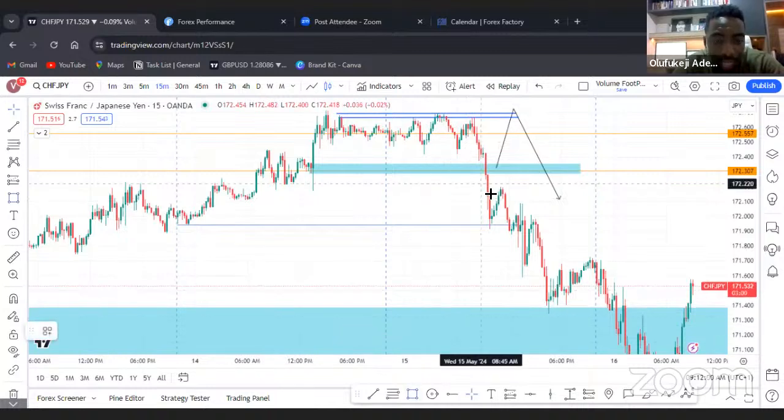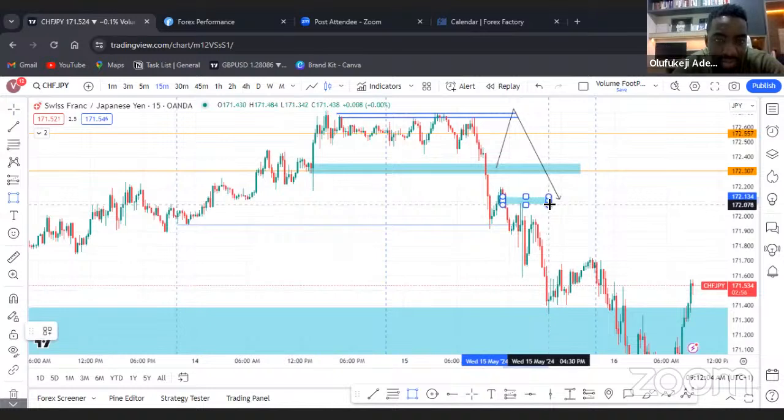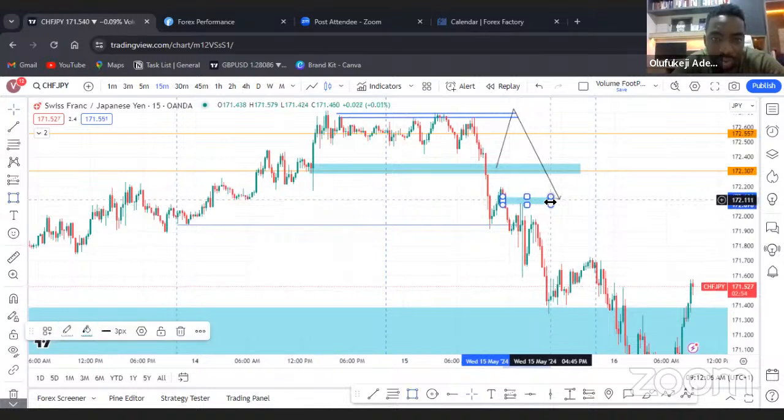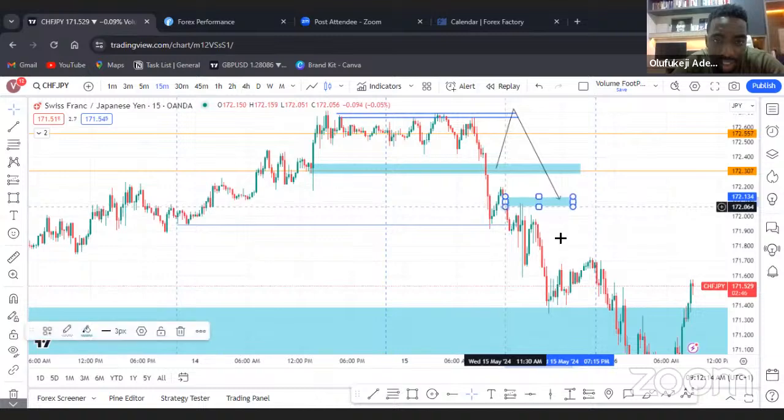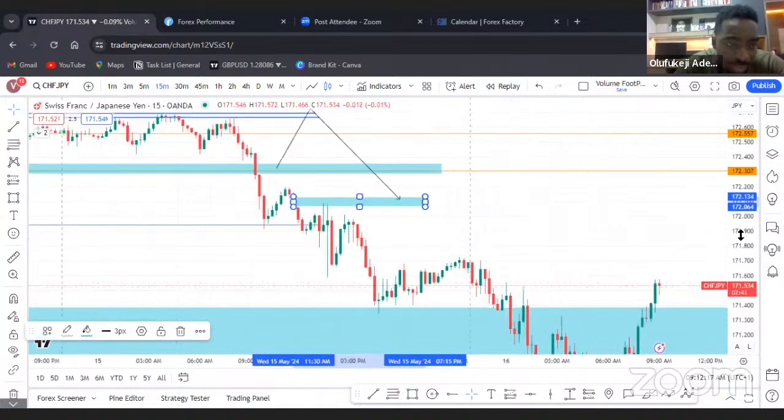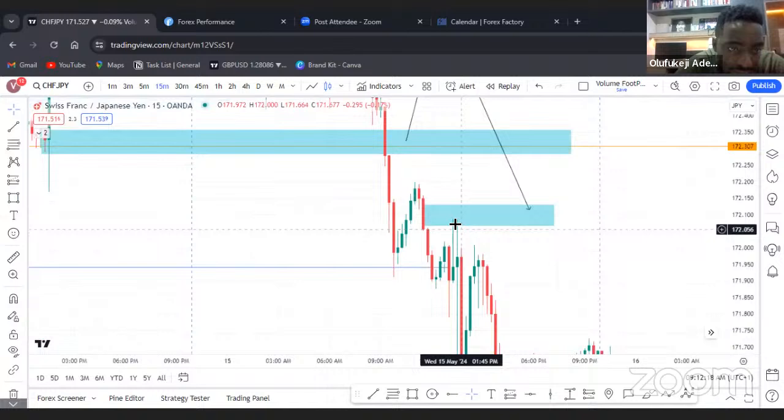So price, exactly, that's a fair value gap there. That's a flip zone. Price tapped in. You can see the clear rejection. Zoom in, please.